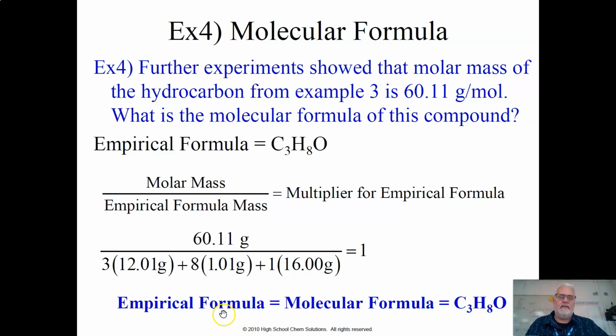So the empirical formula equals the molecular formula, and looks like you might have like a good old propanol, probably isopropyl alcohol, rubbing alcohol, is probably what this unknown compound was. And all you had to do is heat it up, absorb out the CO2, and, you're burning it, basically, combustion.